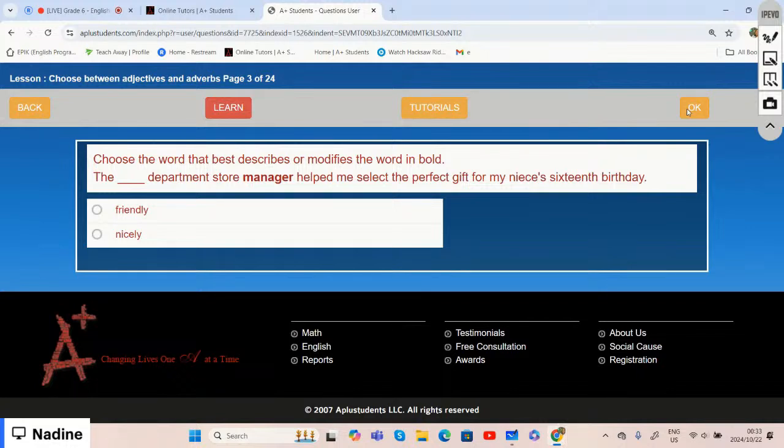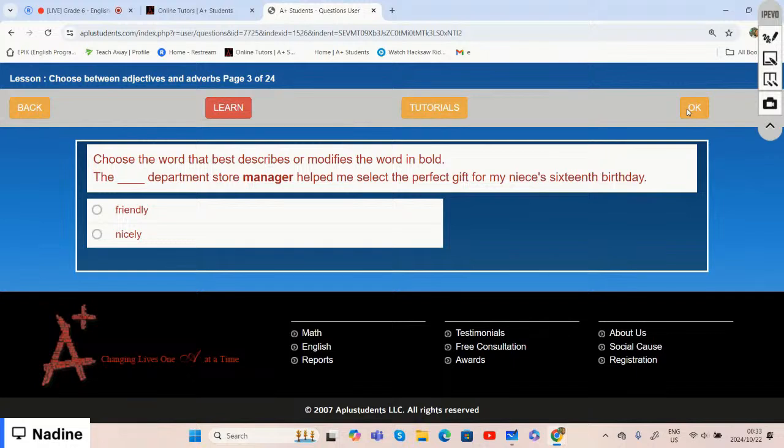Do we say the friendly department store manager, or do we say the nicely department store manager helped me select the perfect gift for my niece's 16th birthday? Option one, the friendly department store manager helped me select the perfect gift for my niece's birthday, or the nicely department store manager helped me select the perfect gift for my niece's 16th birthday?